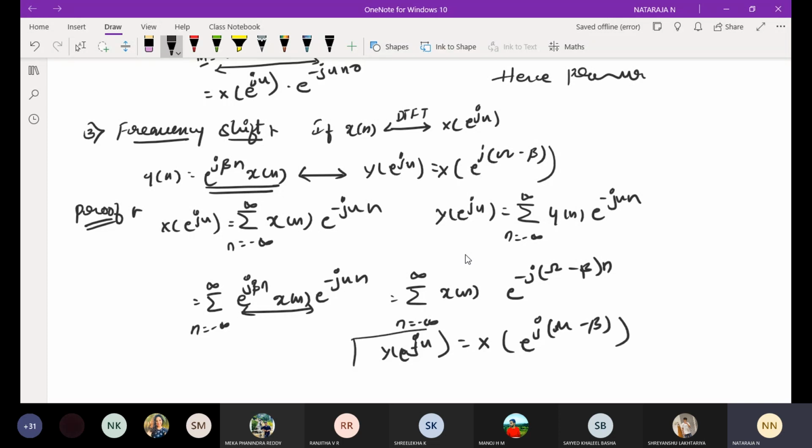This is my proof. See, compare this equation with the standard equation. This is e power minus j omega n, so that y of e power j omega is equal to x of e power j omega minus beta.